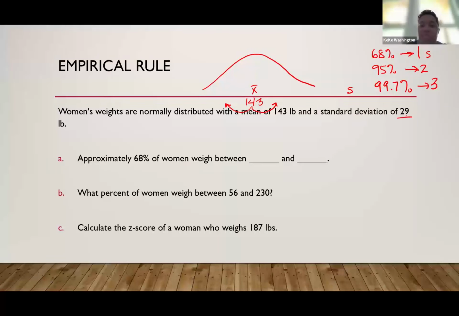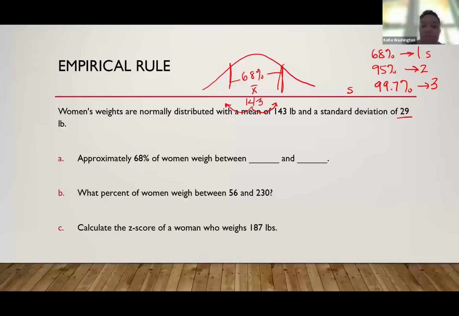So standard deviation is the distance away from the mean. Being that my standard deviation is 29, if I go 29 to the left and to the right of 143, then that will tell me where 68% of my data lies, because that represents one standard deviation away from my mean.